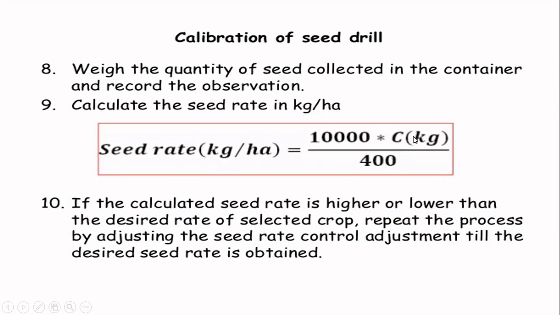Actually it should be in kilogram, that's why this 400 is coming down. It should be kilogram per hectare. Actually this should be 4,000, I will tell you later. But 10,000 into C, where C is given to you in kilogram per acre. Now we ask for the seed rate in kilogram per hectare, then divide by 4,000 and multiply by 10,000.